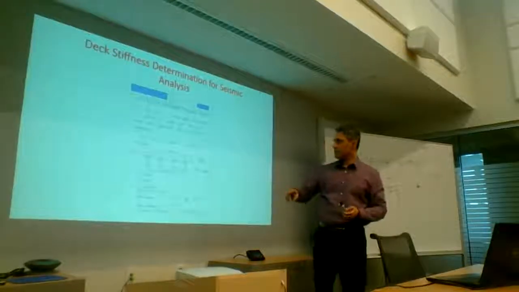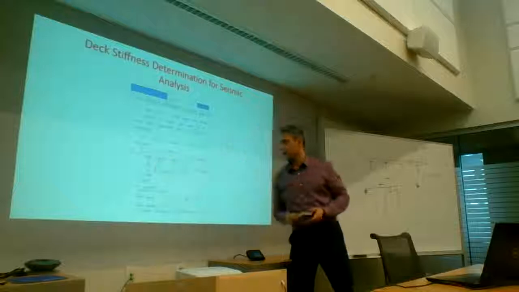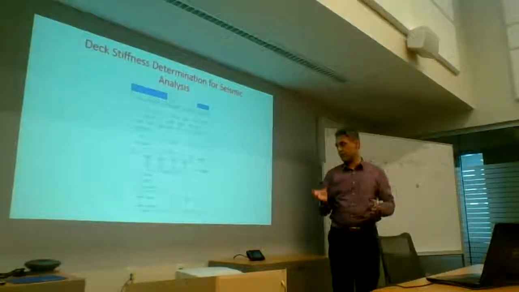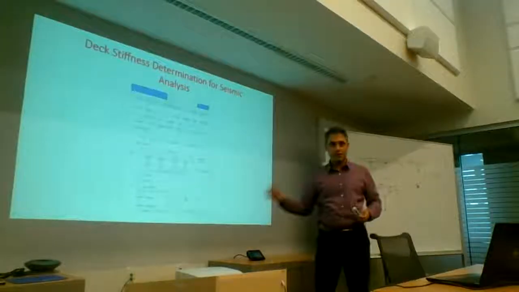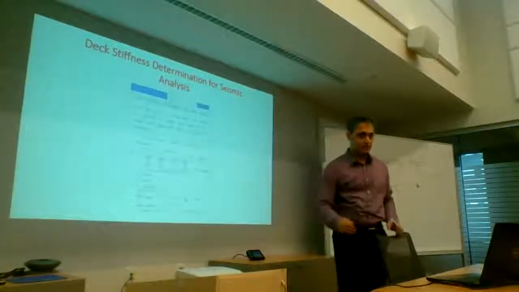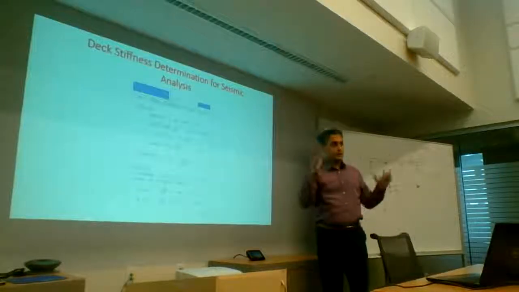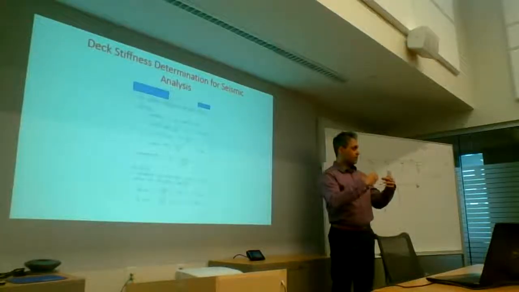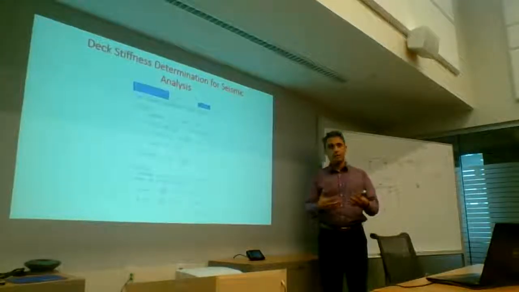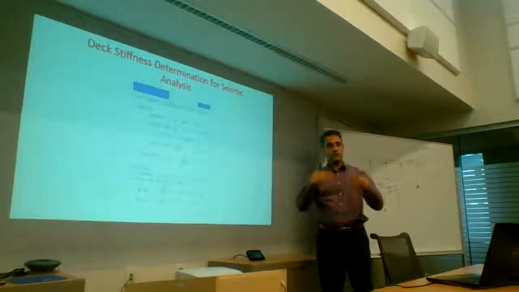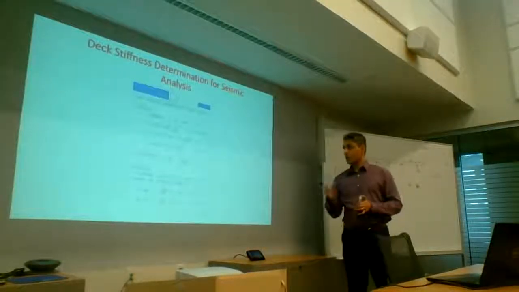In this case, your girder dimensions are going to let you come up with the vertical and horizontal stiffness of each girder. And each girder has a certain area. So all that is in terms of steel, because that's a steel section. What we're going to do is transform the deck into an equivalent steel section so that everything is now working as steel, just in terms of capturing the stiffness and the weight and all of that.